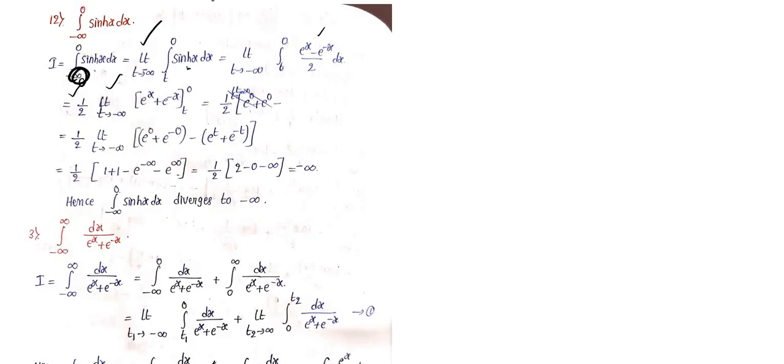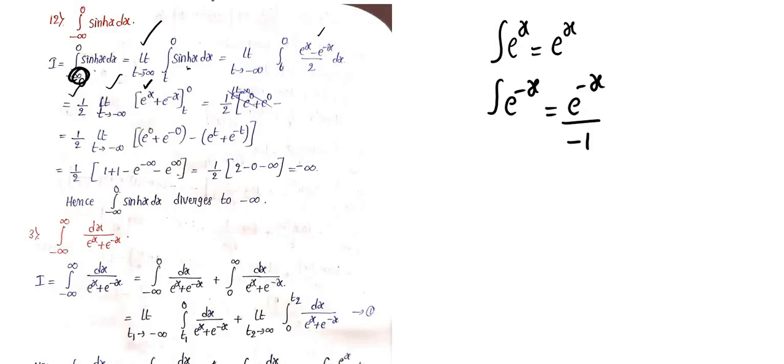We know that integration of e power x is e power x only, so here I am getting e power x. And integration of e power minus x is e power minus x, and the differentiation of minus x is minus 1, so I am getting minus e power minus x. Minus into minus is plus. So e power x plus e power minus x, limits are t to 0. 1 by 2 as it is, limit as it is.